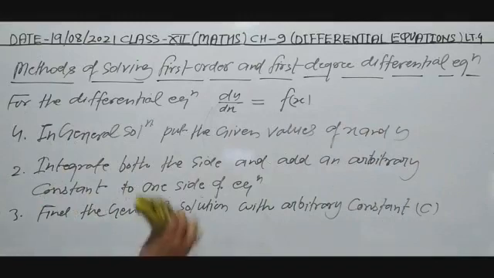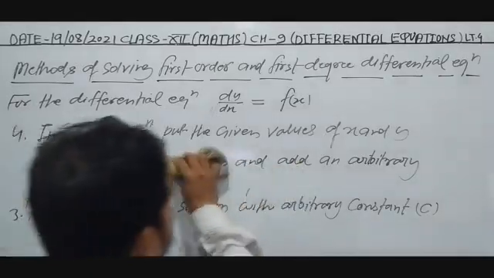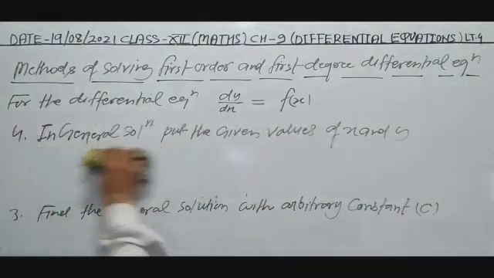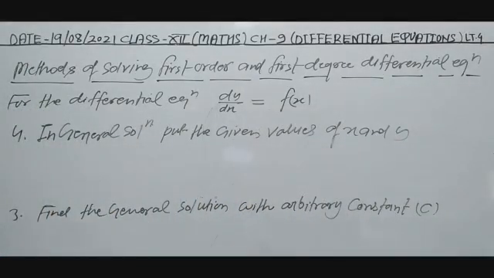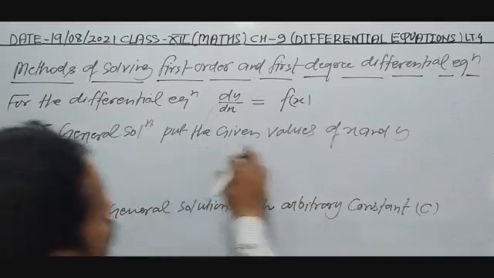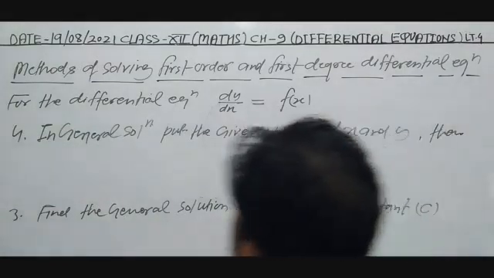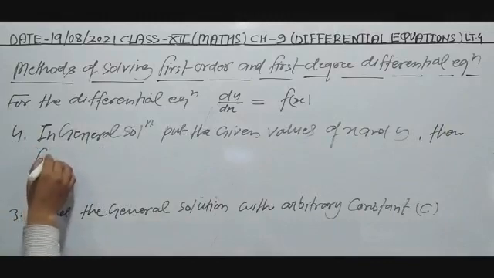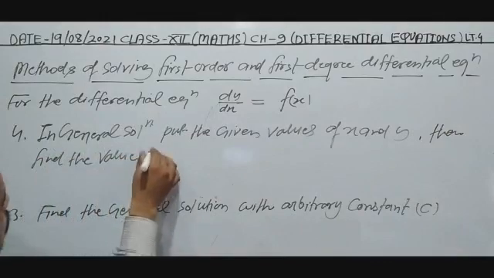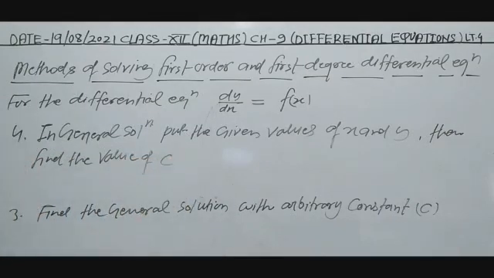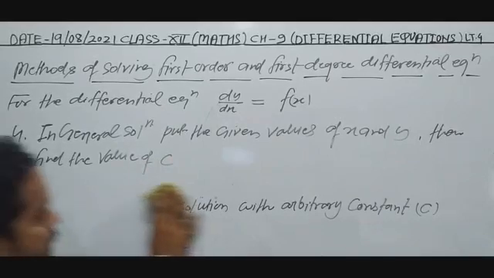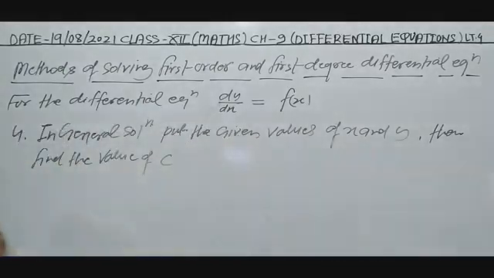You will get the value of C. When you put the values of x and y, you can find out C, the arbitrary constant. Then find the value of C.